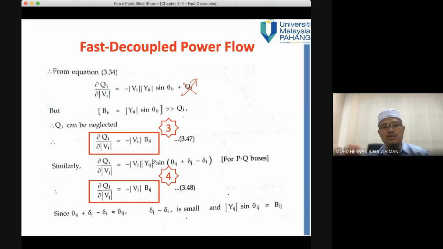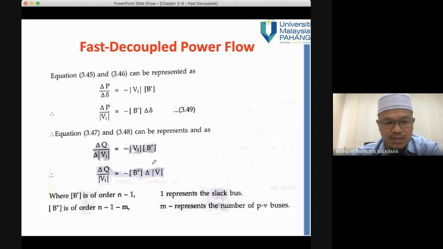First they assume J equivalent 2 and 4 is zero, and then they prove how it can be zero, because when you do partial derivation it becomes cos 90 degrees, which is zero. Then everything is assumed like this basically, and all these equations can be represented. So writing it back, we get delta P over delta theta equals negative Vi B, renamed as B prime.